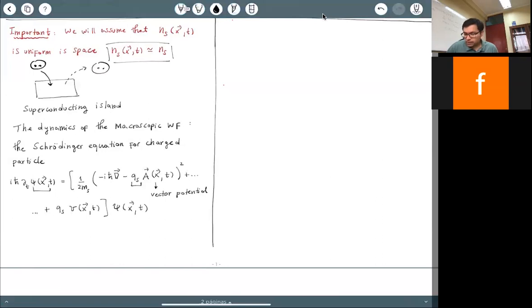This is the typical situation when we imagine a quantum mechanical particle with some charge. Because we have charge, the dynamics of the particle is described by the Lorentz force.